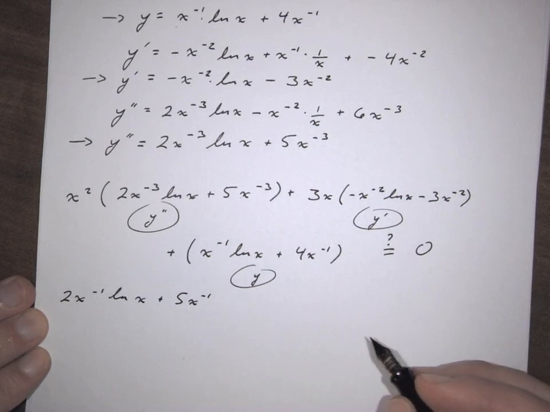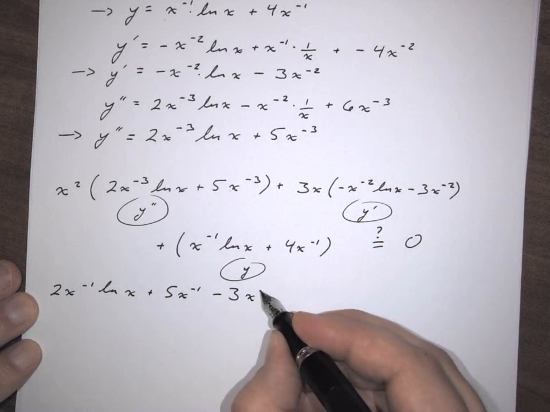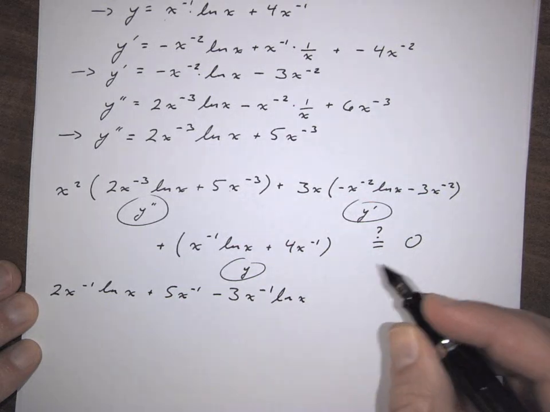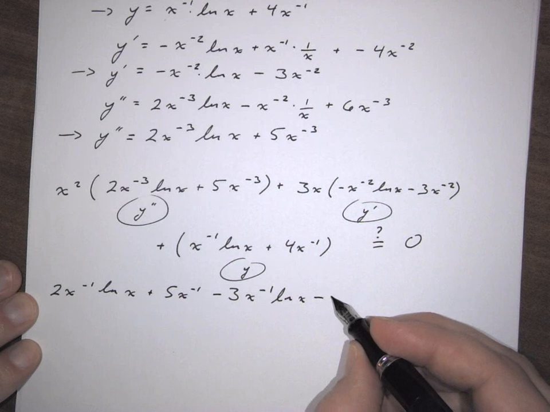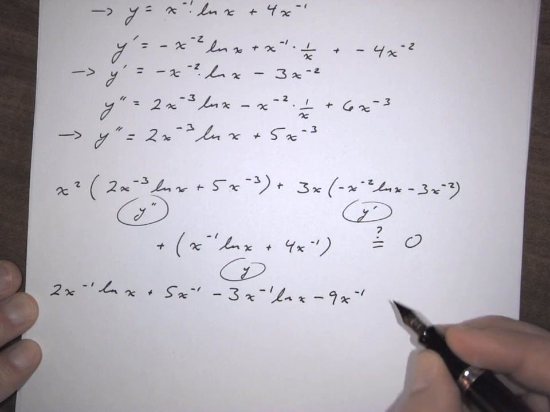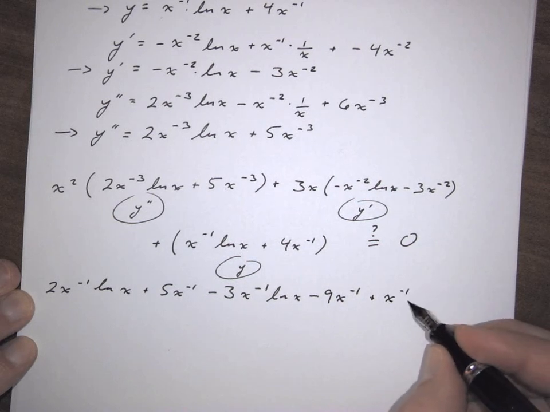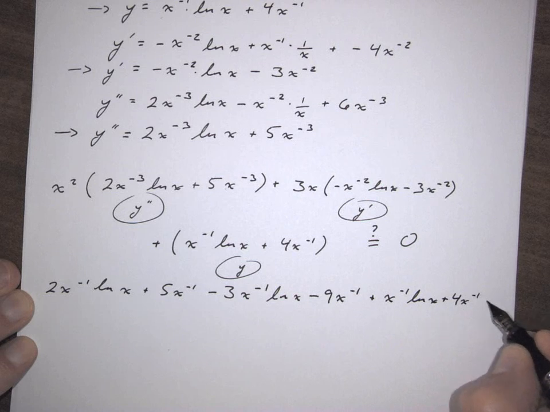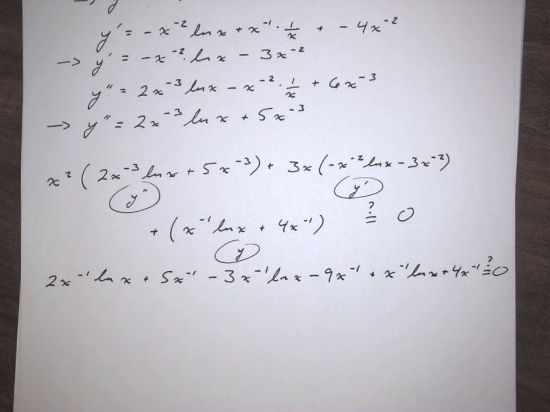For the next part over here, we have minus 3x to the negative 1 ln x. We have minus 9x to the negative 1. We have plus x to the negative 1 ln x plus 4x to the negative 1, which is supposed to all end up equaling 0, so hopefully we're going to see a whole lot of canceling here.